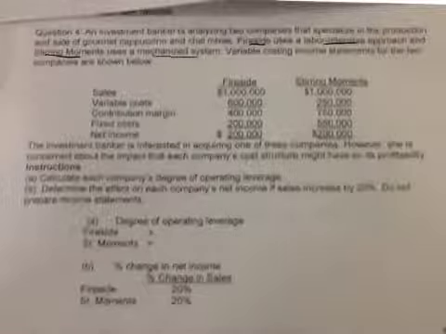Question 4. An investment banker is analyzing two companies that specialize in production and sale. Okay, Fireside is labor intensive and Sterling is more capital intensive. Variable costing income statements for the two. Sales, $1 million. Variable costs here, $600,000. Contribution margin, $400,000.